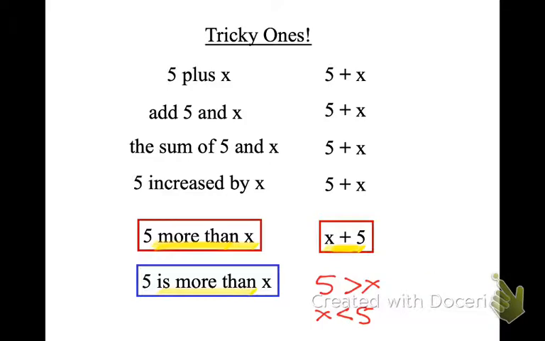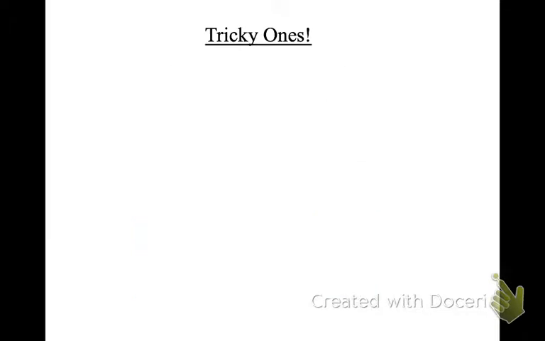X is touching the smaller side here. 5 greater than x. Are you guys with me? Yes. Are there any questions? Am I being clear? Okay. All right, moving on. So 5 is greater than x. Can I move on? All right.